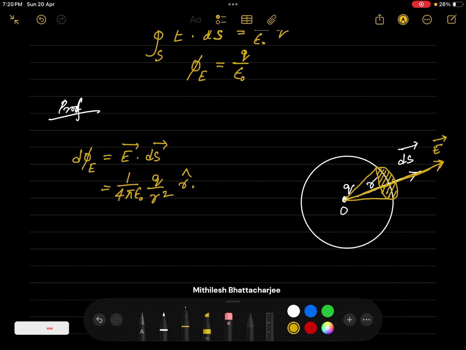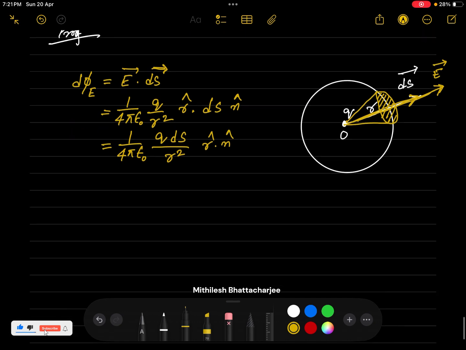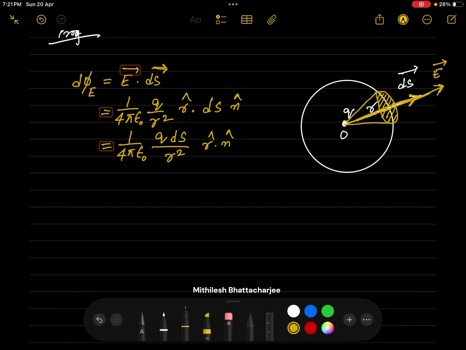Dot ds, means ds is also a vector in this direction, so we can put the n cap for the ds direction. So it equals 1 by 4 pi epsilon naught q ds by r square, and r cap dot n cap, where r cap and n cap are unit vectors.